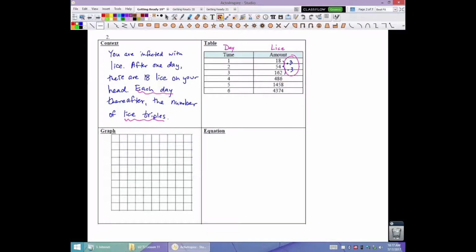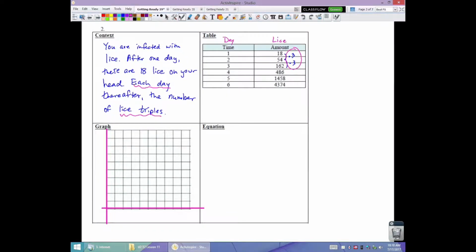Okay, so let's do our graphing. We can set up our X and Y axes. Now choosing the scale this time will be very important because the dependent variable goes up, even in just our table, to over 4,000. I believe we still have 10 boxes here. Our independent variable, for me, is days.